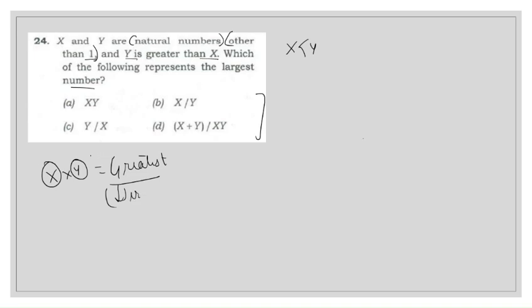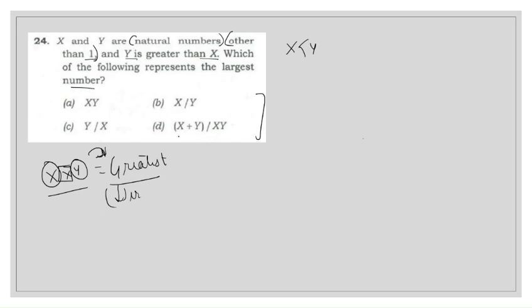So multiplication always gives us the greatest result. So B and C will obviously not be the correct answer because they are about division.